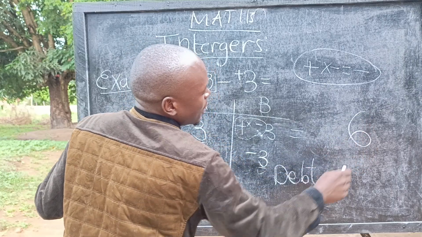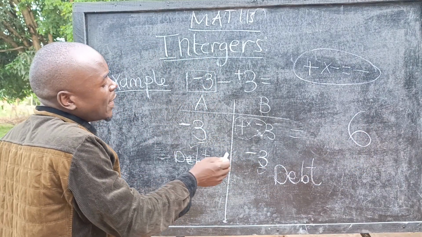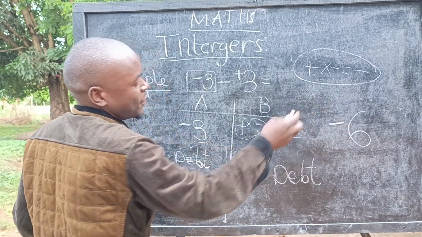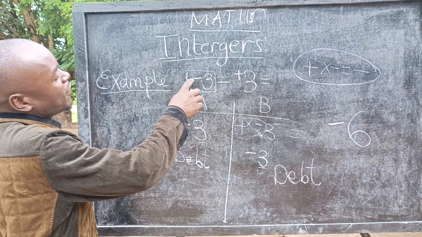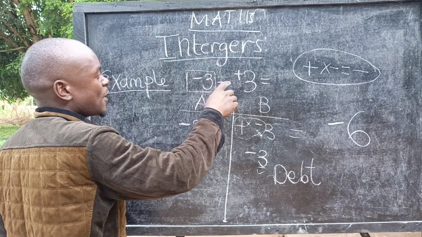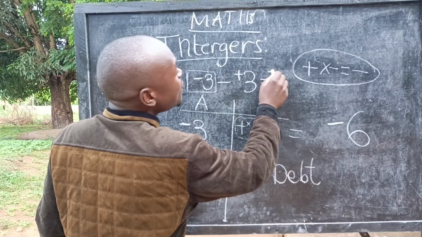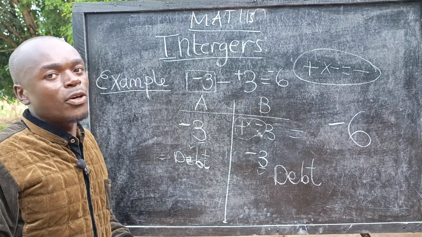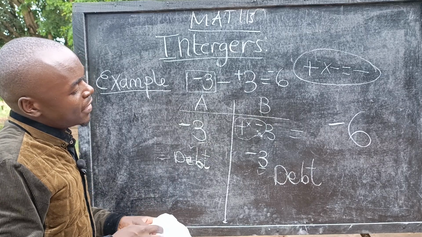But remember, it is negative and also another negative. So the answer is negative 6. So negative 3 minus positive 3, the answer is negative 6. I know you wanted to say, oh, it's supposed to be 0. No, it's not 0. The answer is negative 6.